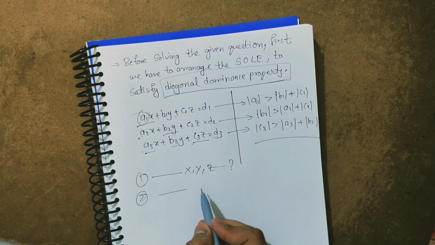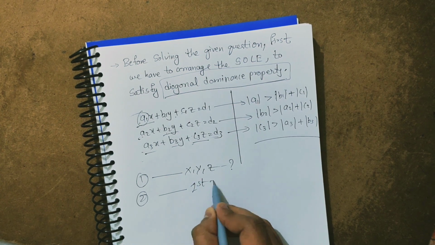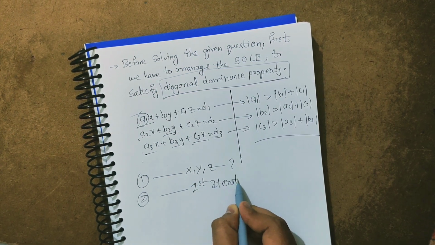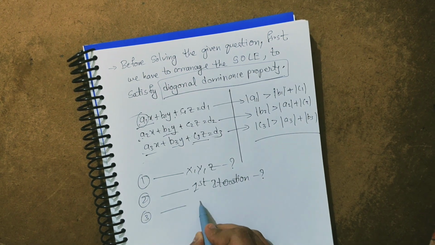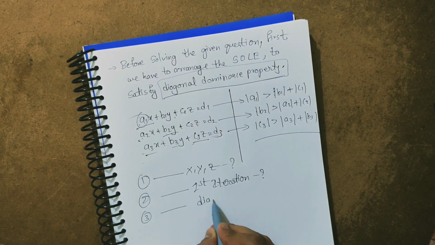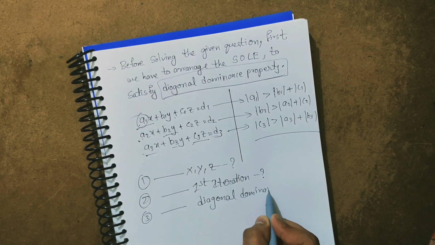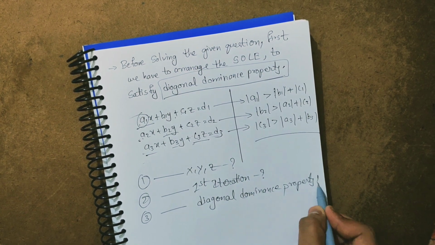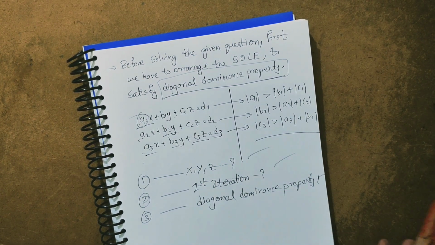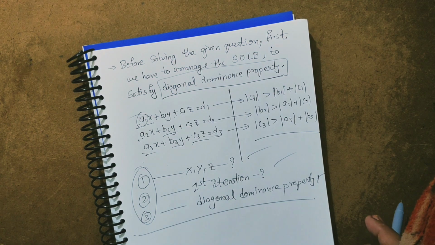Second, how to write the first iteration equations. Third, the diagonal dominance property. Okay, these three we have to keep in mind. Now let's solve one problem by using these three steps so that you will understand clearly.